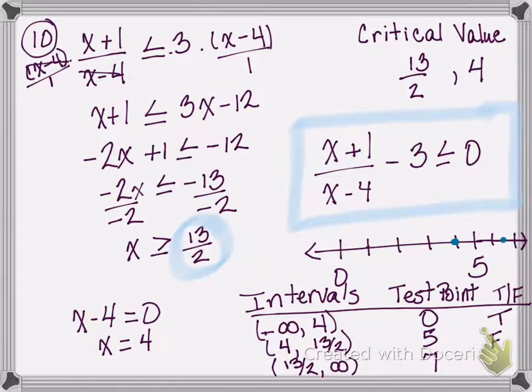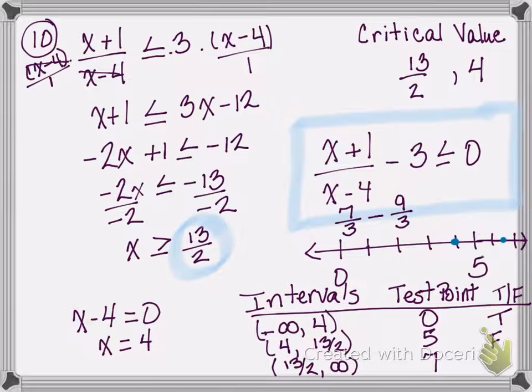Our next test point is 7 plus 1, which gives me 8, over 7 minus 4, which gives me 3. So I have 8 over 3 minus 3. So we're going to have to deal with some fractions there. So I'm going to write this out. 8 over 3 minus 3. So I'm going to make that 9 over 3.